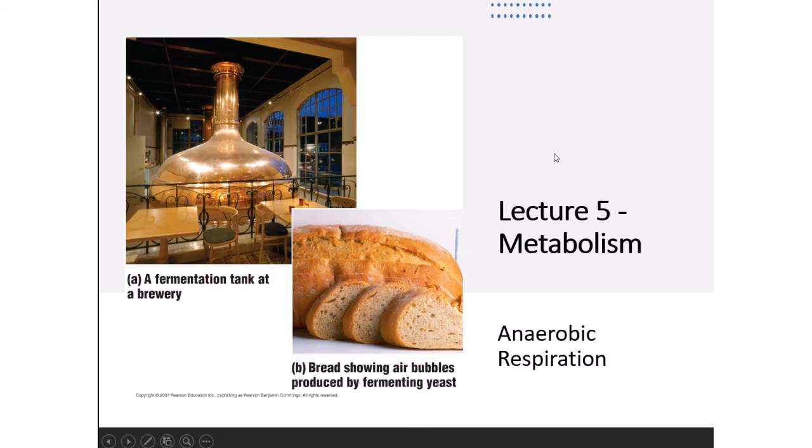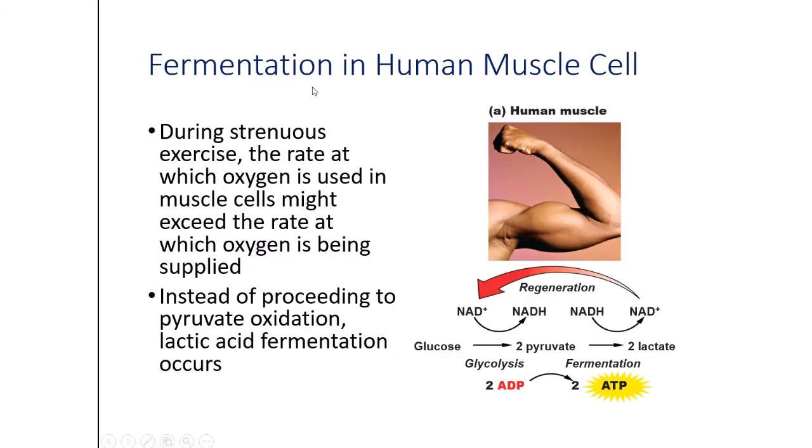Okay, so let's take a look at how those processes are similar and how they are different. So fermentation in human muscle cells. If you are doing strenuous exercise, okay, you're running really hard and for quite some time now, then what happens is it's possible that your oxygen supply in the muscle is not going to be met by the oxygen demand. Okay, so your muscle cell needs more oxygen than you can supply.